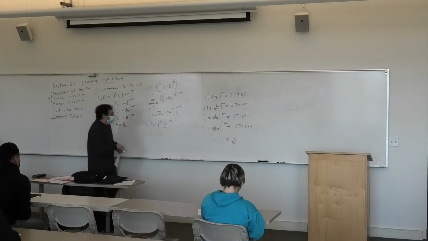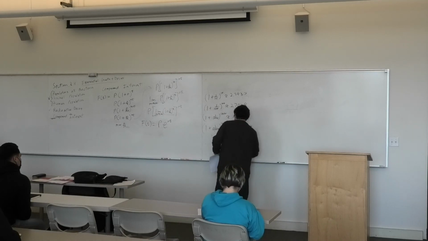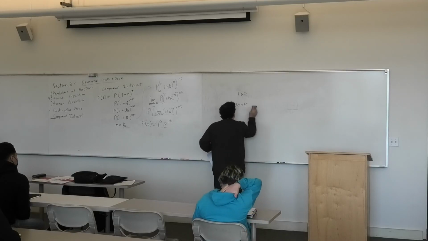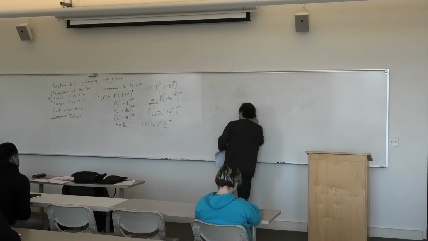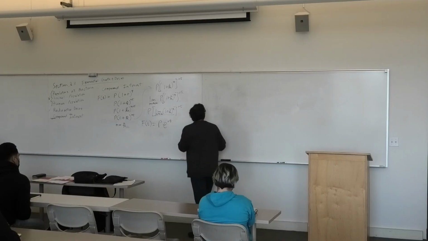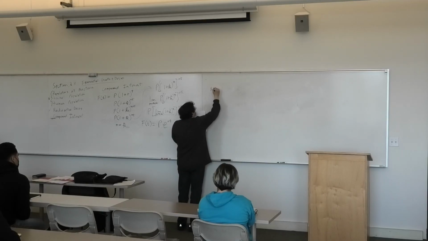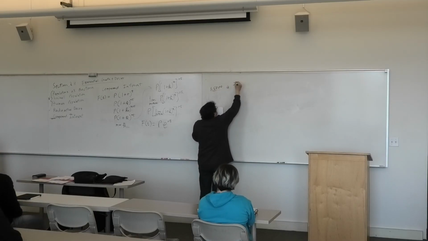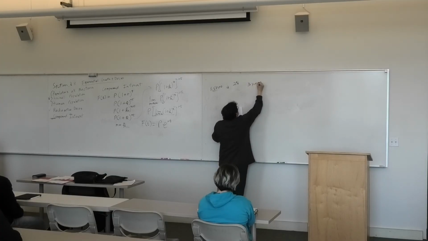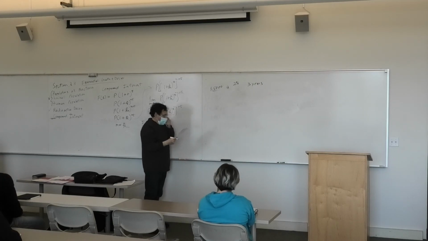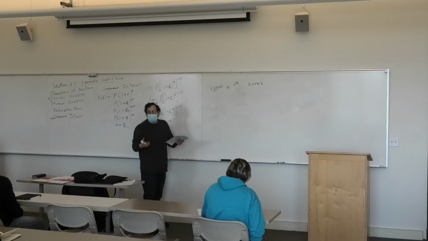All right, so at that point, the example is, you invest $5,000 at 2% interest for 3 years, compounding continuously.